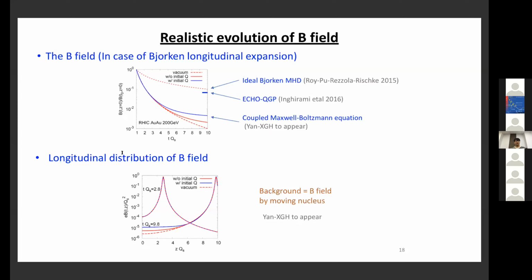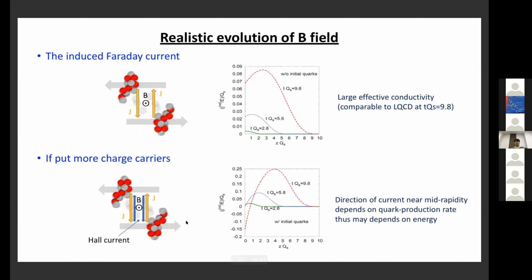Here I show you the longitudinal distribution of the B field. As you can see, when the spectators move longer, the B field in the colliding region becomes different from that in the vacuum case due to the Faraday effect. Here I show you the induced Faraday current due to the decay of the B field.